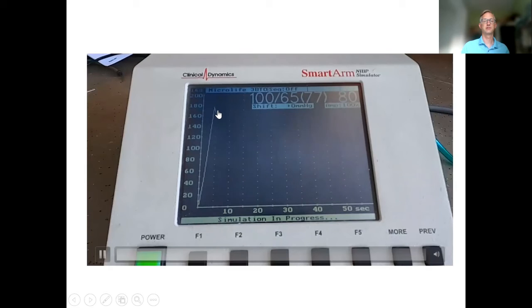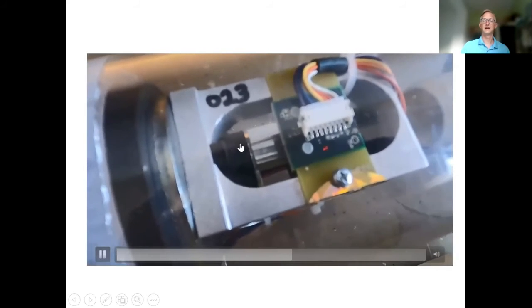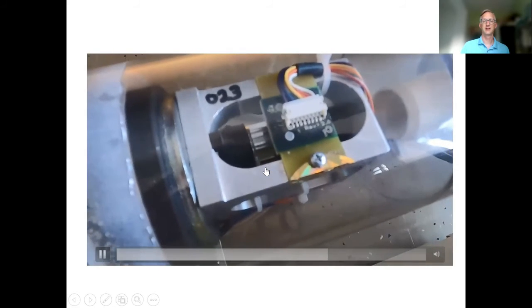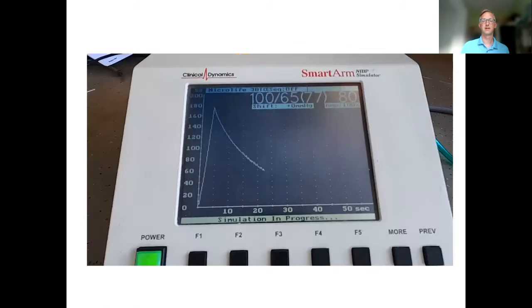And at a certain point, the device starts deflating the cuff pressure. And here, at a certain moment, the oscillations occur. These oscillations are generated by the simulator, by this device. And these are simulated exactly at a certain blood pressure.